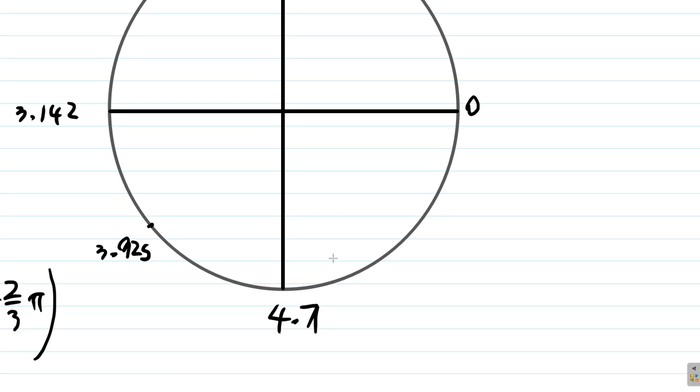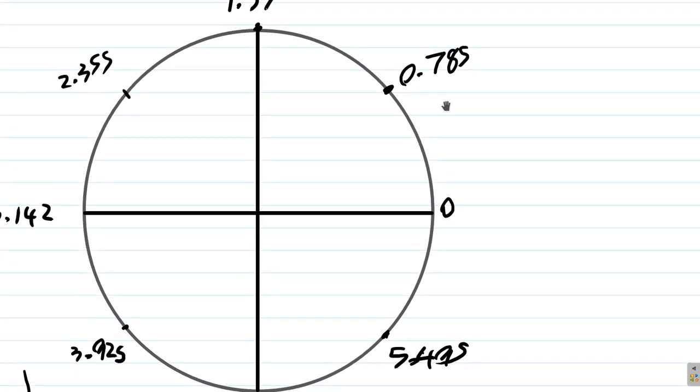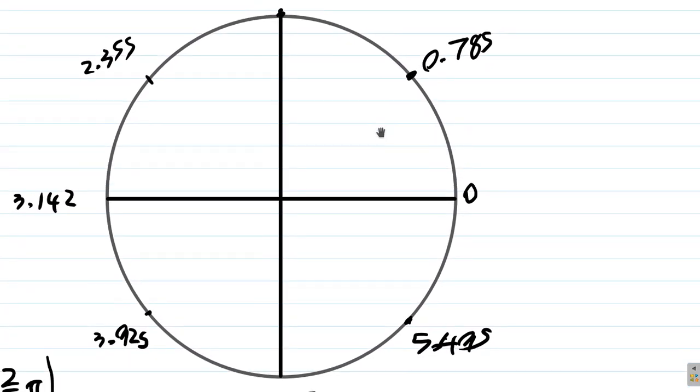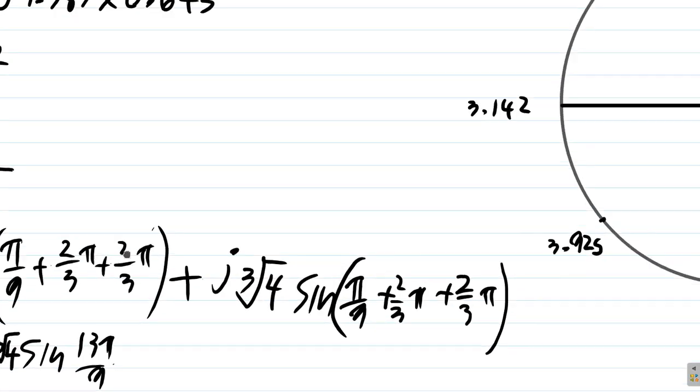And then here 5.495. You see the 0.785 radians, it would be like 45 degrees. All right, we just put in those things for now.